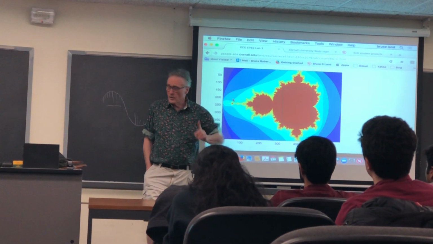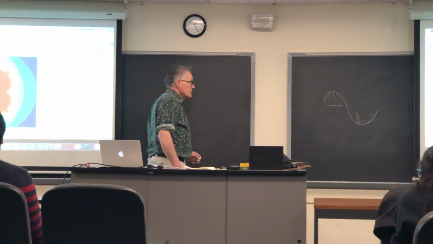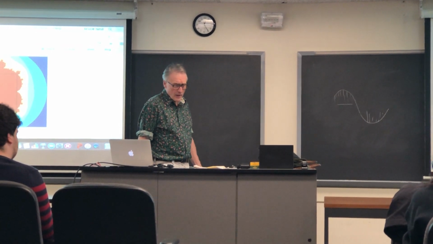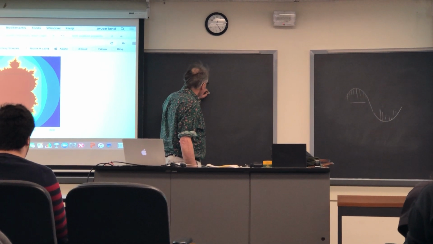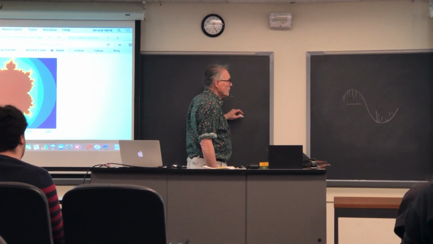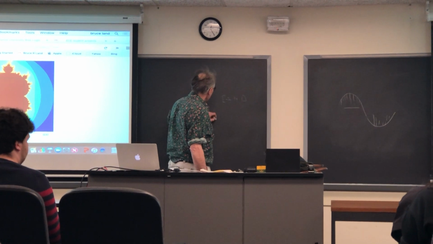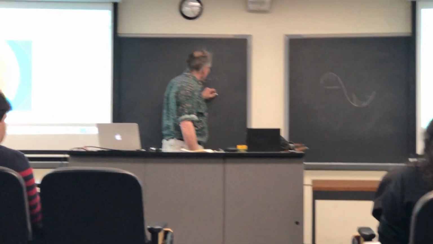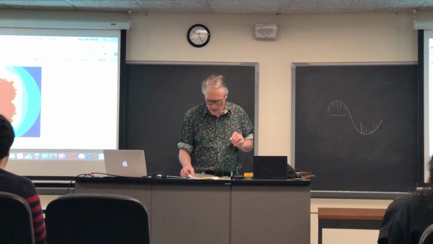And the rule for generating this is that for each point on the complex plane, the real part is in the range of -2 to 1, and the imaginary part is in the range of -j to +j, I believe I've got that right.